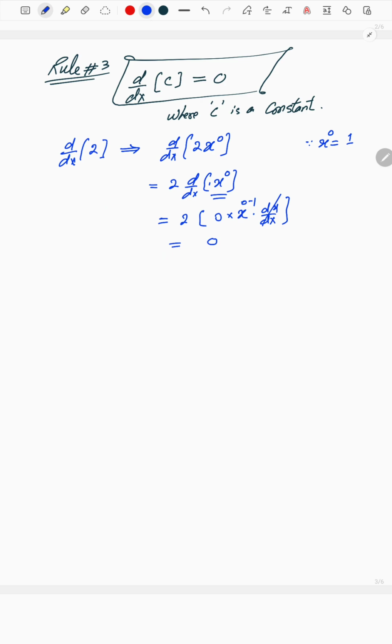So you can see with this example that whenever we differentiate any constant with respect to some variable which is not involved in the function given, its derivative is always 0. Take another example: d by dx of 5.